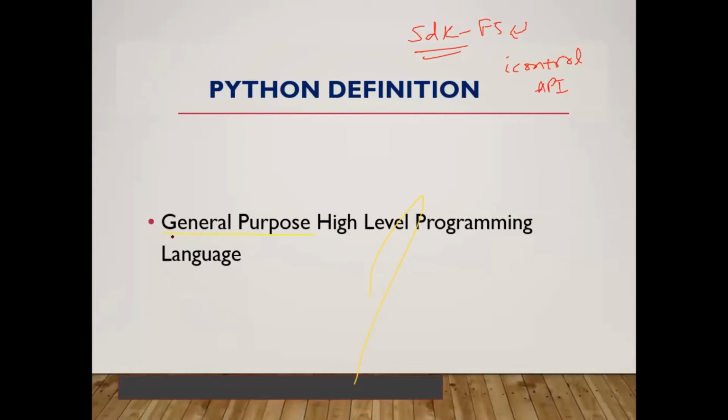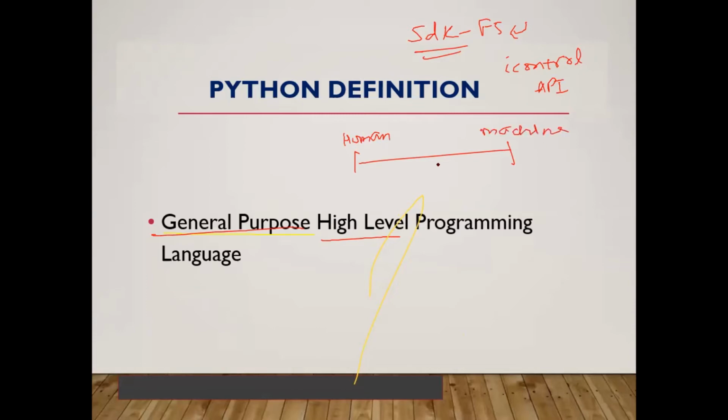When we say general purpose, it means it can be used for multiple purposes. When we say high level, we mean how close a language is to the human or to the machine.